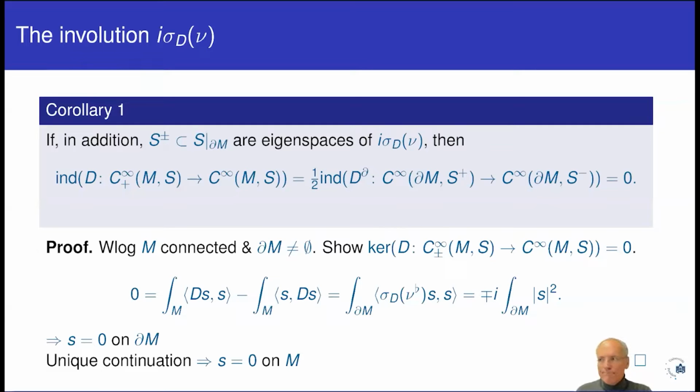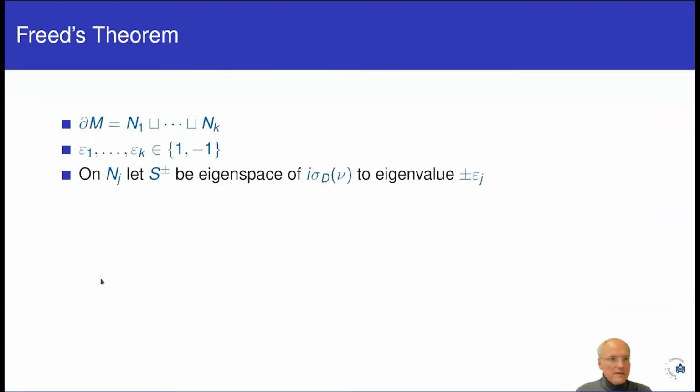Good. Okay, that's nice. And here comes the interesting modification of this, which will allow us to actually produce a non-trivial index. That's a generalization of an old theorem by Daniel Fried, who proved it for the spinorial Dirac operator decades ago. So let's assume that the boundary of the manifold can be decomposed into N_1 up to N_k.